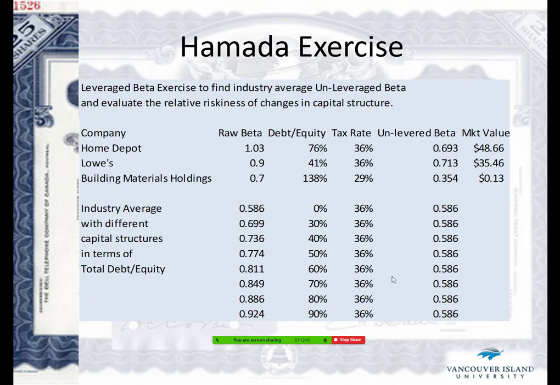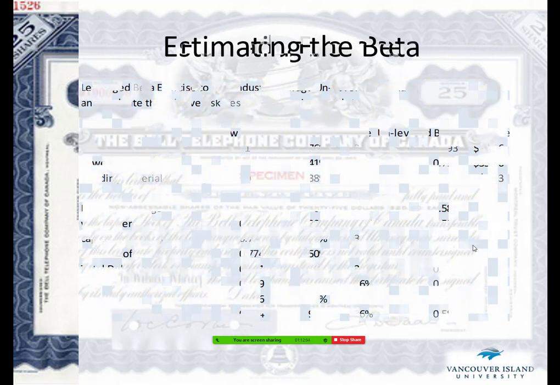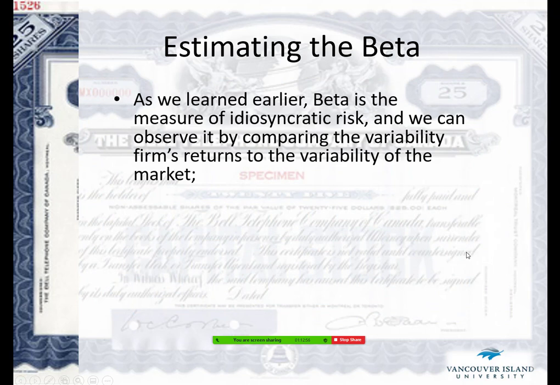And so back to our PowerPoint presentation. So we know from our own experience of looking at beta already that the beta is a measure of the firm-specific, the idiosyncratic risk.